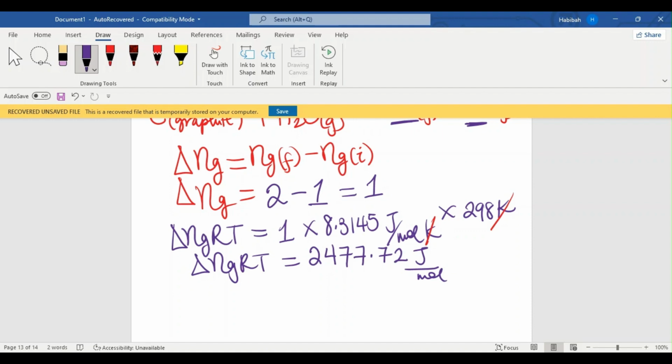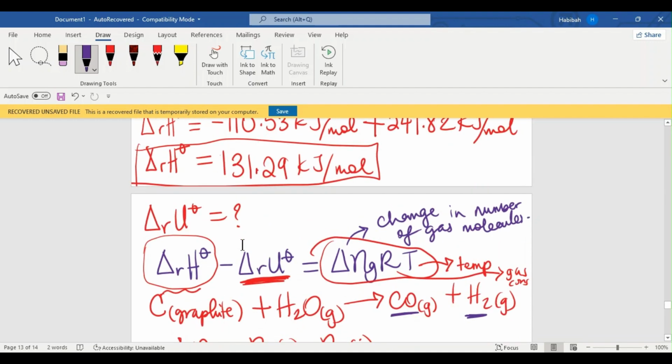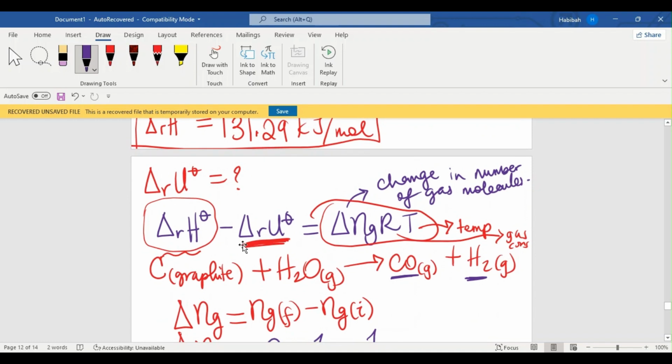Now, of course, because our question is to find the change in internal energy of the reaction, and we have this, we just have to rewrite the formula.